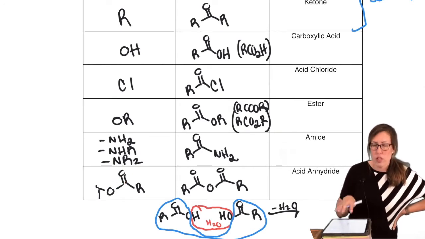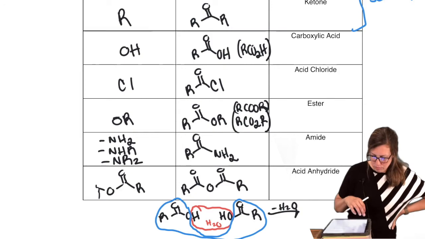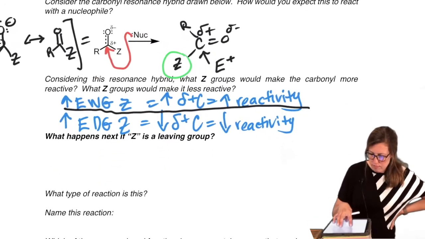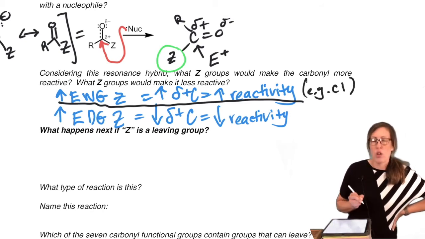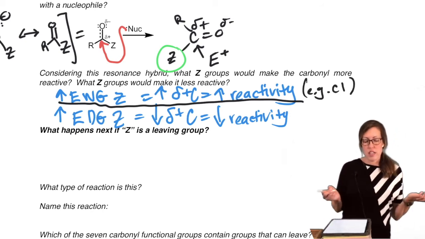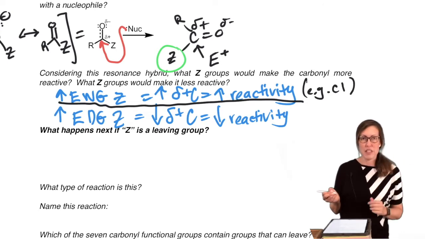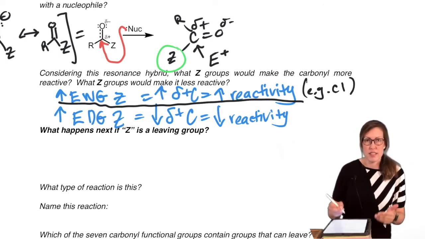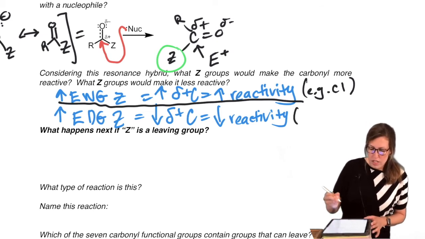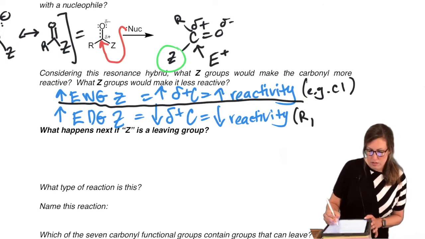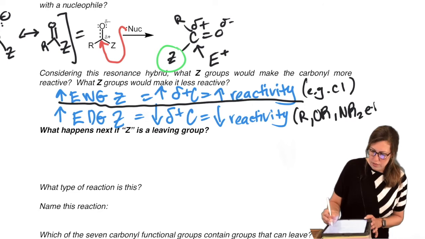So really the only one that's electron withdrawing is chlorine. So in other words, out of everything on there, acid chloride should be the most reactive based on this investigation we're doing right now. Decreased reactivity would come from electron donating groups, like R groups, ketone, ester, amide, etc.